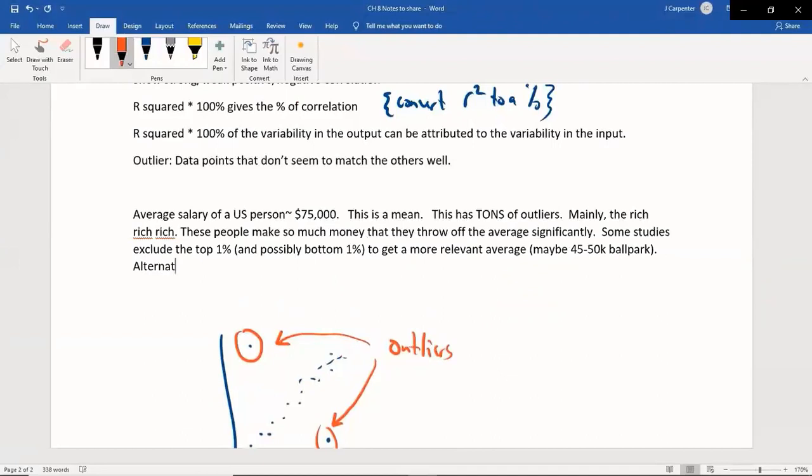Alternatively, some studies use the median instead, the middle value. So if you lined up all 300 million American salaries from lowest to largest, from $0, because there are people making nothing, to, geez, what's Elon Musk making now? I don't even know. It's either Elon Musk or Warren Buffett.